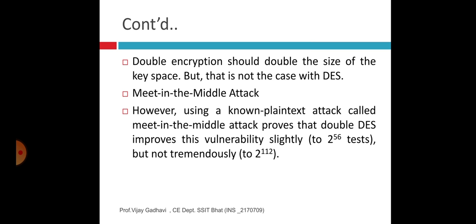Double encryption should double the size of the key space, but that is not the case with DES. We are also protected against the meet-in-the-middle attack. However, using a known plaintext attack called the meet-in-the-middle attack, it was proven that double DES improves this vulnerability only slightly, to 2^57 tests, but not tremendously.